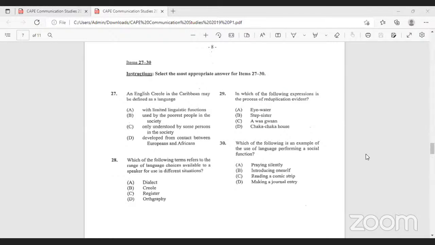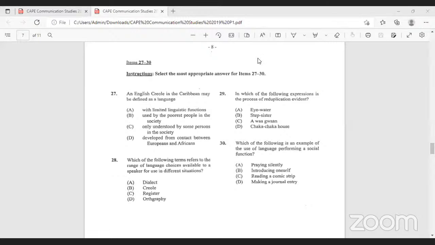28, which of the following terms refers to the range of language choices available to a speaker for use in different situations?